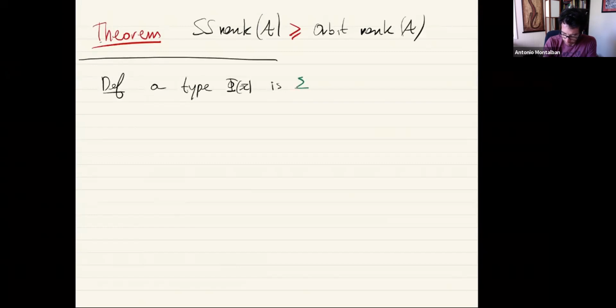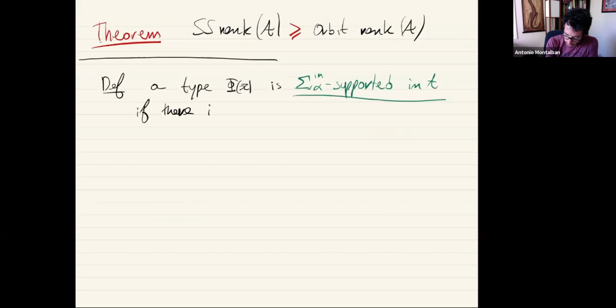I'm going to define what it means to be sigma alpha supported in a structure A if there is a sigma alpha formula, let's call it phi of x, such that, well, first A models that there exists an element that makes it true.